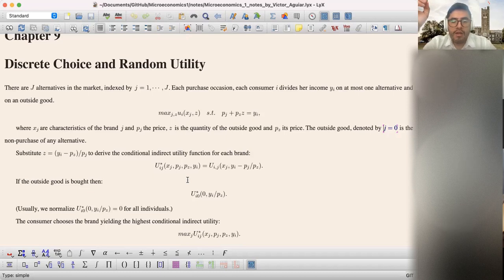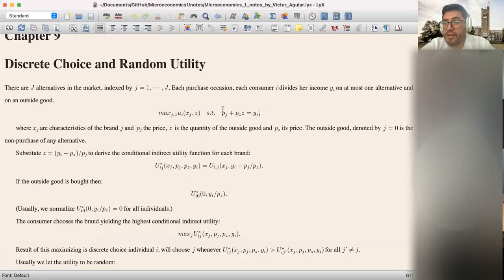Okay. Now I can do something simple to make this problem easier to solve. So how do I maximize this? Obviously here, there is no differentiability, right? So I'm going to substitute Z, which is the outside quantity, with y_i, which is the income, minus the price of j, divided by P_Z. So this is just from solving the budget constraint, right?